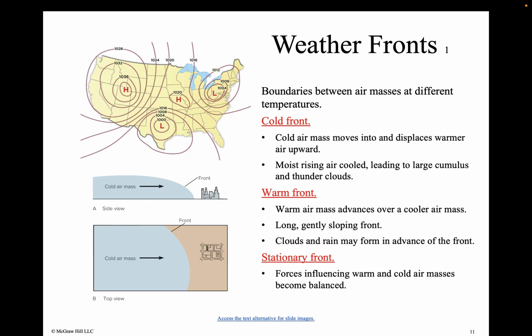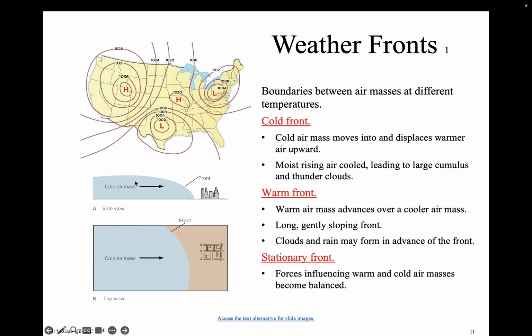So the cold front type of weather front is formed when the cold air mass moves into warmer air and displaces that warmer air upwardly. So here you have a cold mass moving to the right, and here you would have a warm air mass, okay?